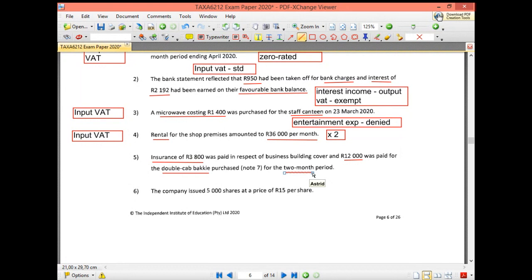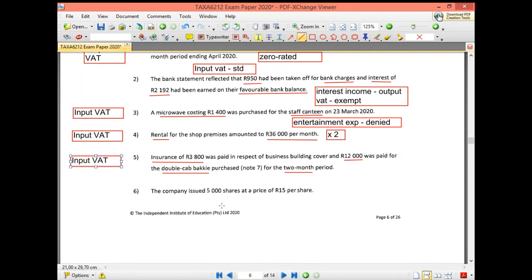But any other expenses relating to that motor vehicle, so your insurance, any petrol, repairs, maintenance, you will be allowed to claim the input VAT. It's only the purchase of the vehicle itself that is denied, not the other expenses you incur for that specific vehicle. So that means we will be able to claim the input VAT for the insurance amounts as well.